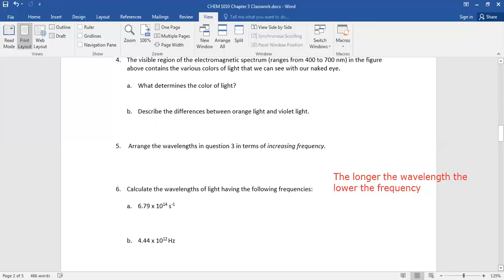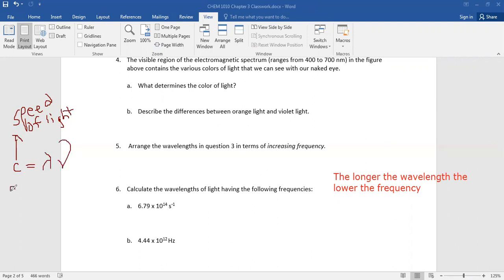So question 6, calculate the wavelengths of light having the following frequencies. So earlier we said that the speed of light, which is c, is going to be equal to the wavelength times the frequency.